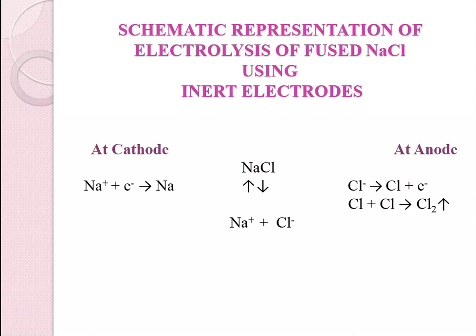The chloride ions go to the anode, lose the electrons. These electrons through the external circuit go to the cathode. The sodium ions take up these electrons and form sodium. That is, on electrolysis of fused NaCl, you have sodium and chlorine.